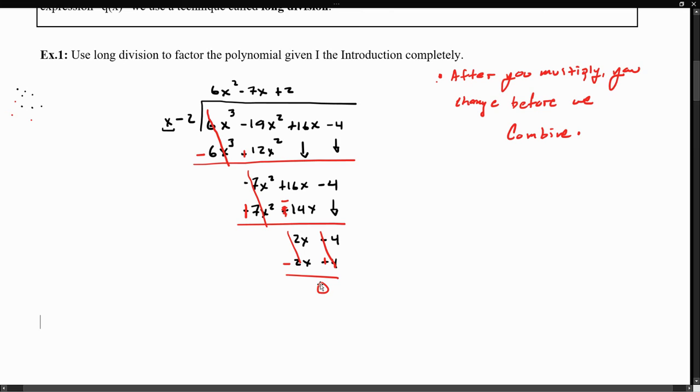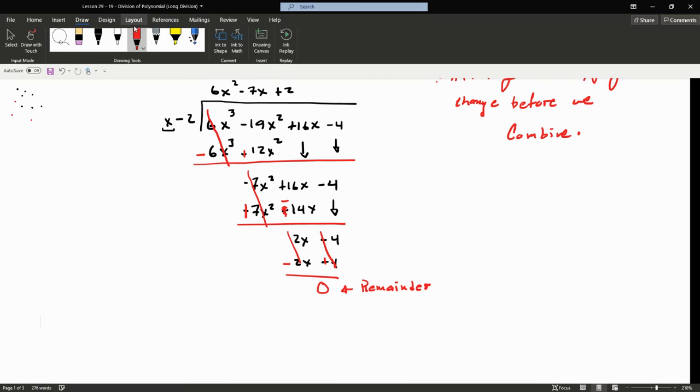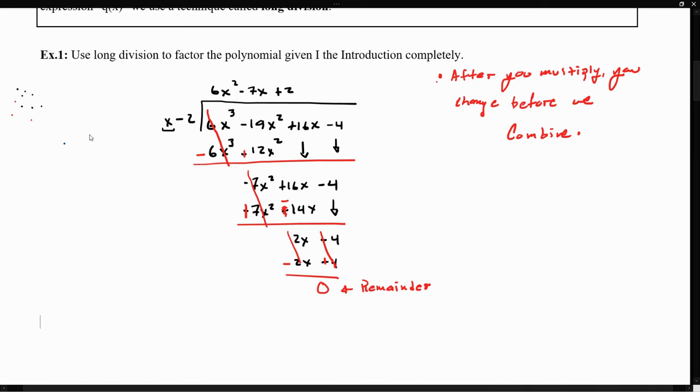Now, this expression that you do end up at the end, this is what we call the remainder. And very important, if the remainder is equivalent to 0, then what you divided by, which in this case is the expression x minus 2, is a factor.